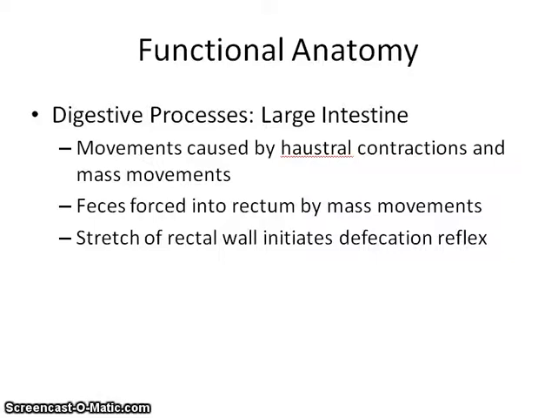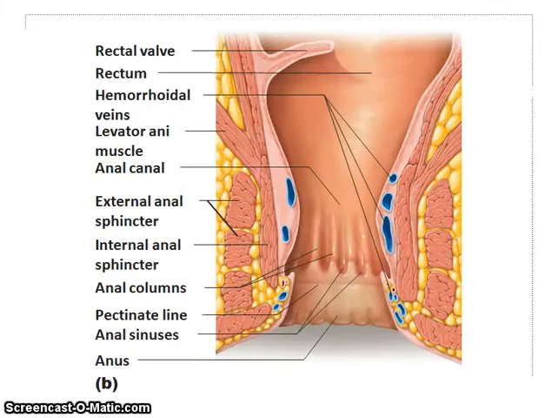The stretch reflex of that rectal wall is going to initiate the defecation, which is going to release the feces out. So feces is stored up here. As soon as this muscle that's surrounding this exit relaxes, you're able to remove the feces from your body.